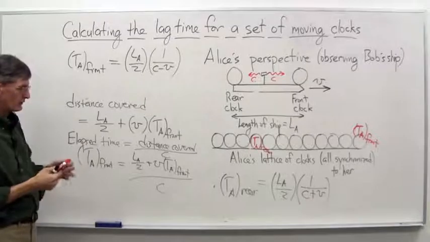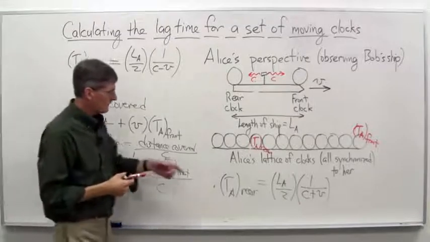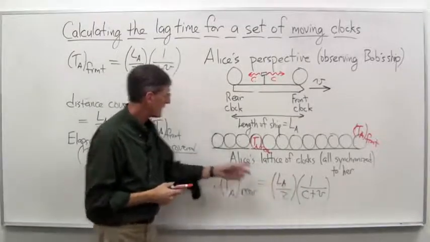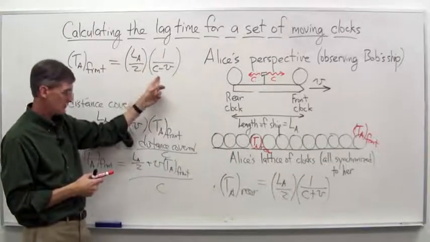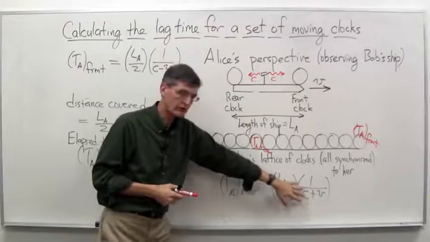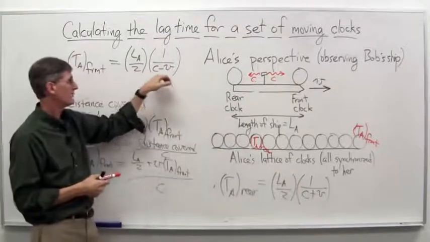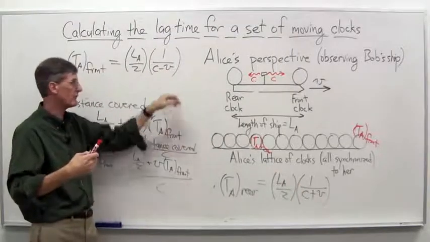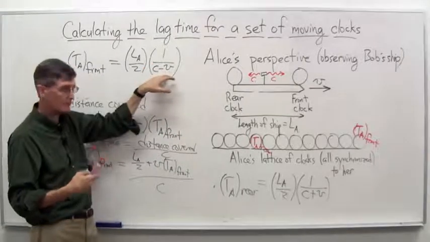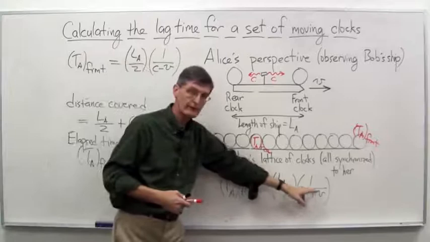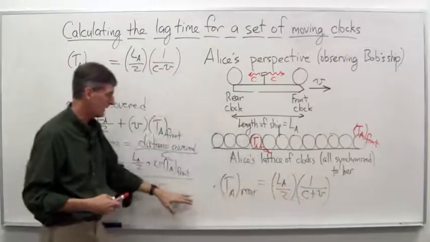So there's a C minus V here instead of a C plus V in the first case. And note also, just to check this, I've got LA over 2 in both cases. 1 over C minus V compared to 1 over C plus V. This is going to be a smaller number than this, right? I'm taking C and subtracting some other velocity from it. So this will be a small number, and 1 over that will be bigger than if I add the velocity. And that makes sense.